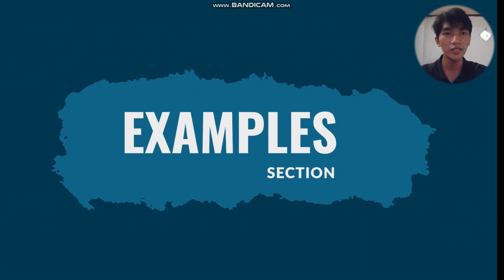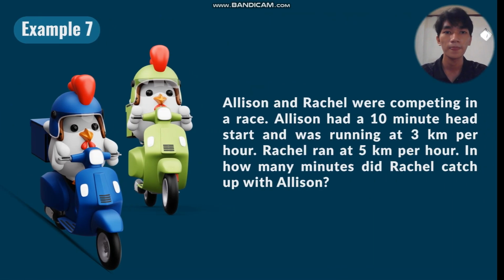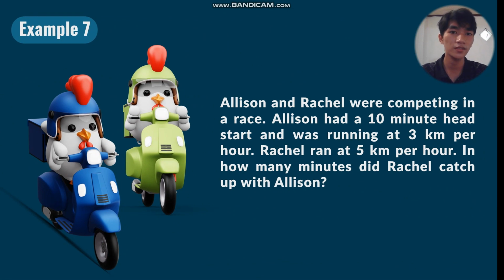So the next section is examples from the book. Example number 7. Alison and Rachel were competing in a race. Alison had a 10 minute head start and was running at 3 kilometers per hour. Rachel ran at 5 kilometers per hour. In how many minutes did Rachel catch up with Alison?